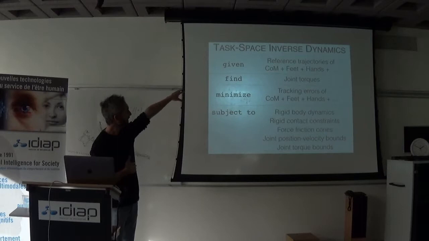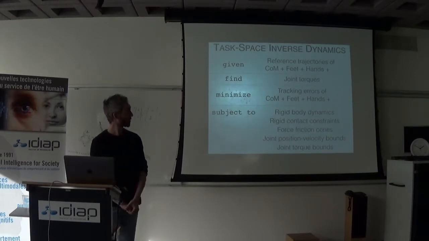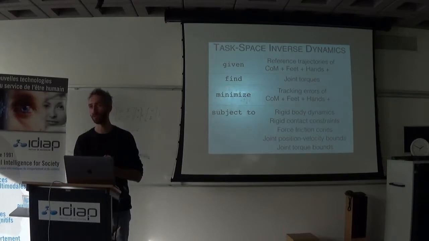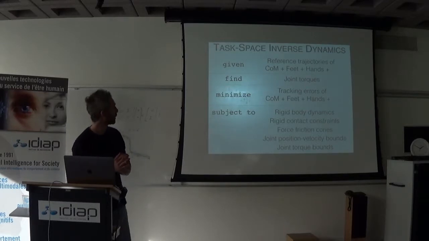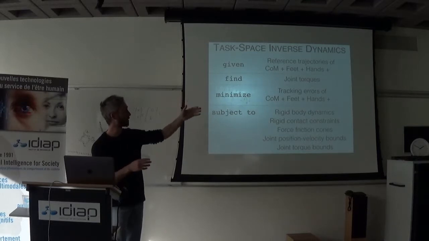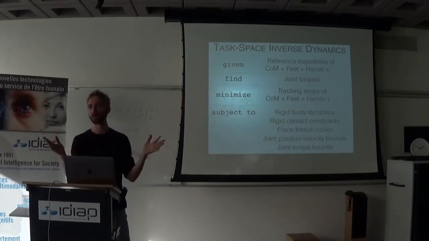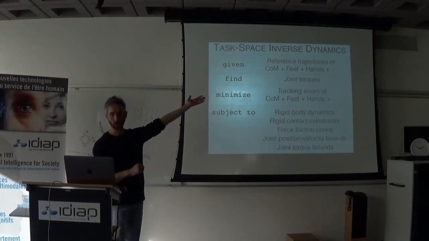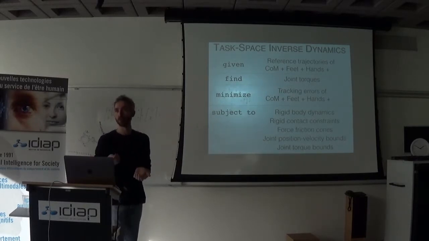That's how it works. You're given reference trajectories for whichever output function of the robot state you want to control, like center of mass, feet, hands, joint posture, and you are asked to find the joint torques, because that's in the end what you use on a real system.